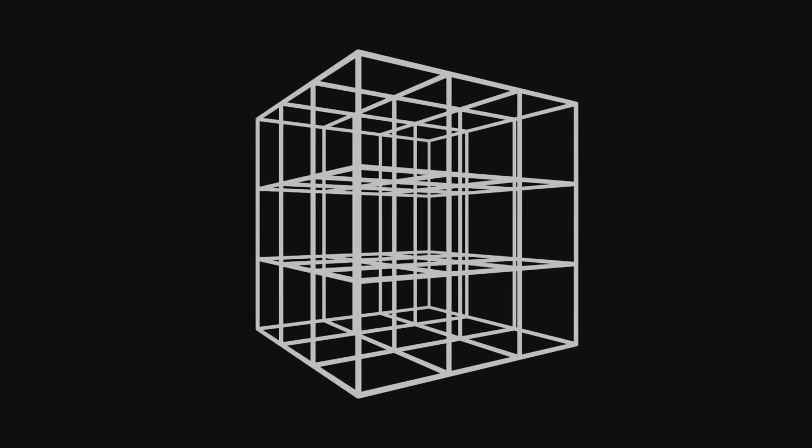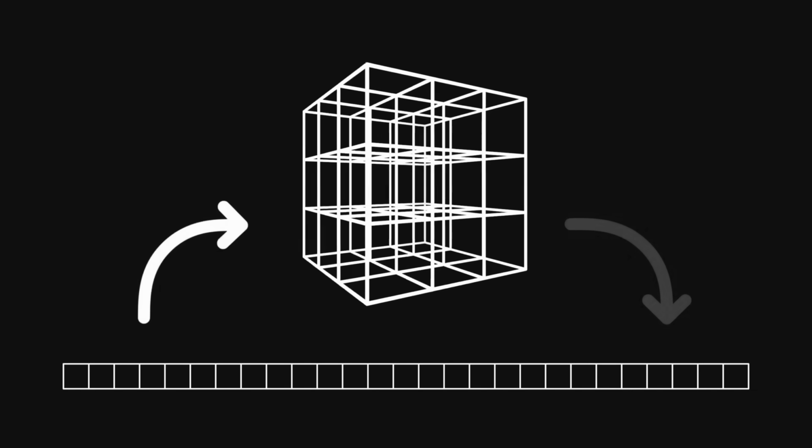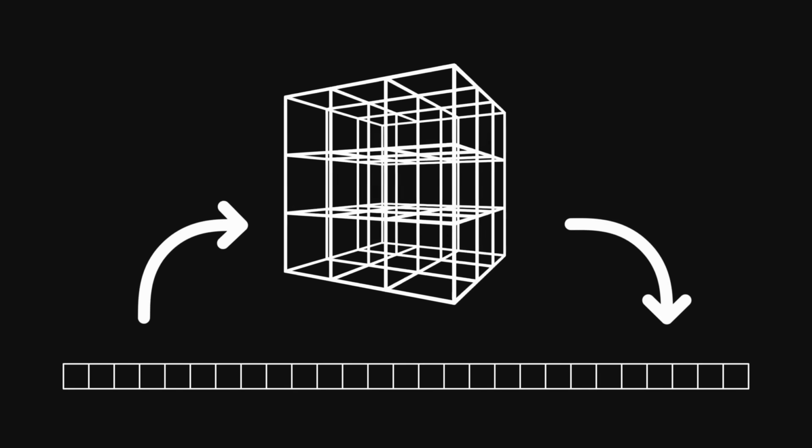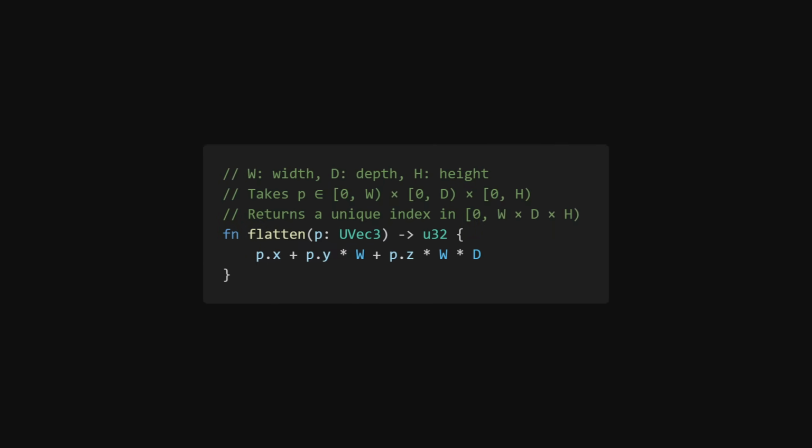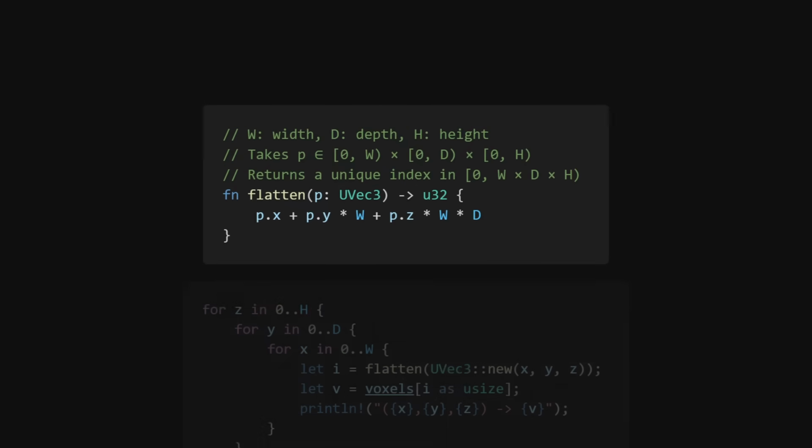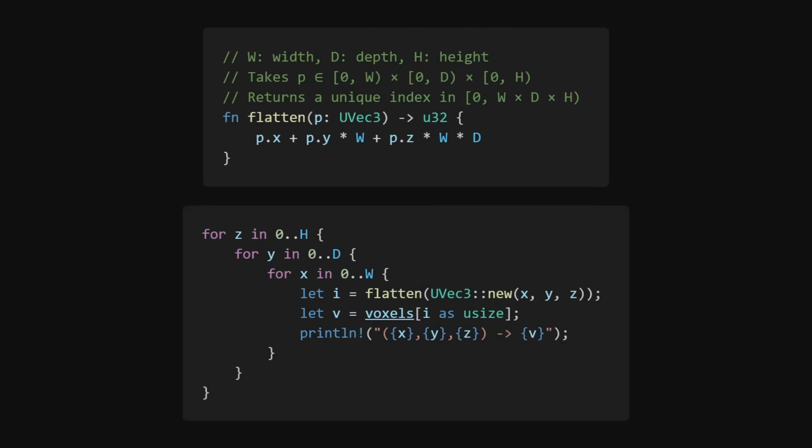But the idea of a grid of voxels itself doesn't help us a lot unless we can efficiently read and write it to memory. Therefore, we'll use this flattening function to convert a 3D coordinate to a 1D index, allowing us to store the voxel data in an array of size width times depth times height.